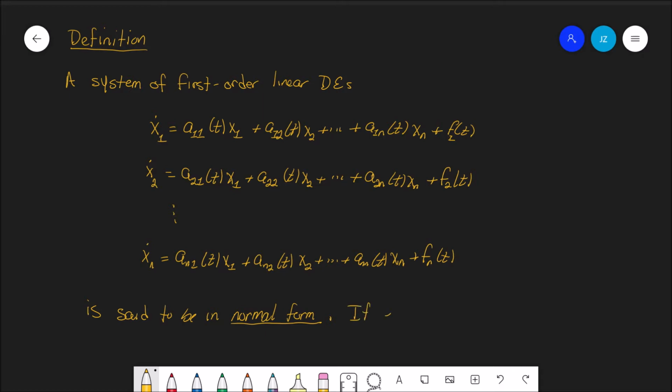If each f sub i is identically 0, the system is said to be homogeneous.